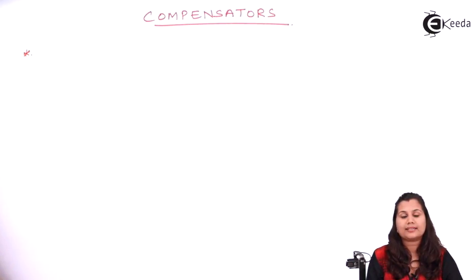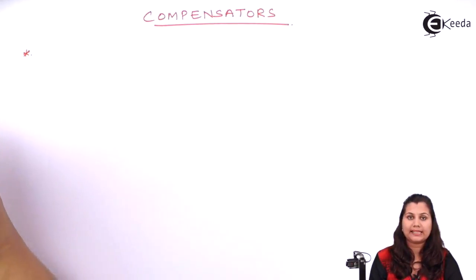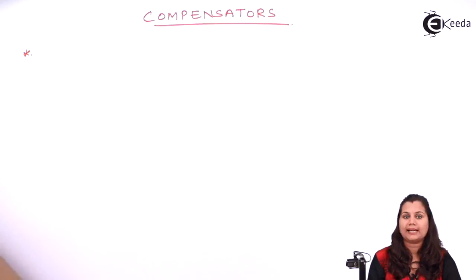As we know, the main requirements of a control system are accuracy, speed of response and stability. That is, a control system should be accurate, it should be stable and it should have fast speed of response.